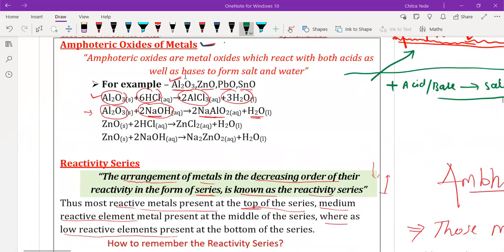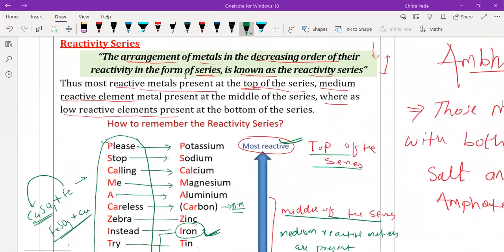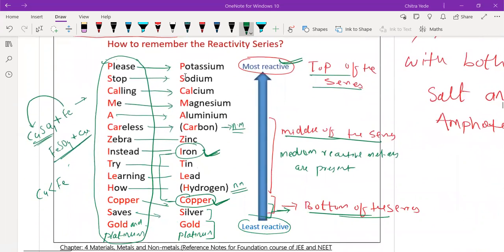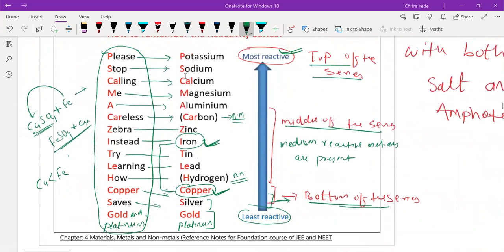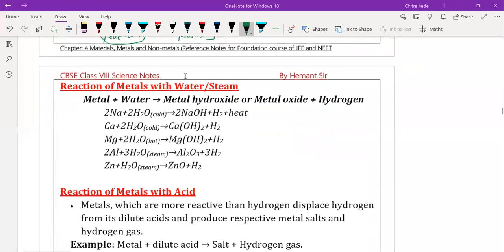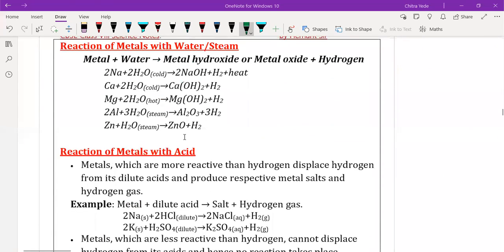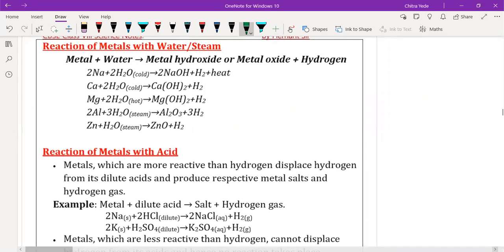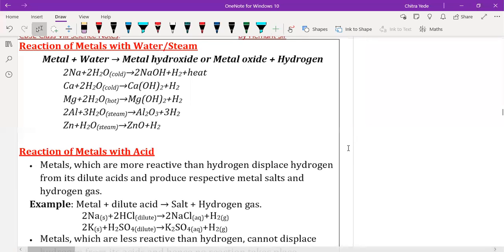Any doubt till here? No doubt. Then we are going to understand the next part, which is the reaction of metals with H2O. The first reaction we have is with sodium.